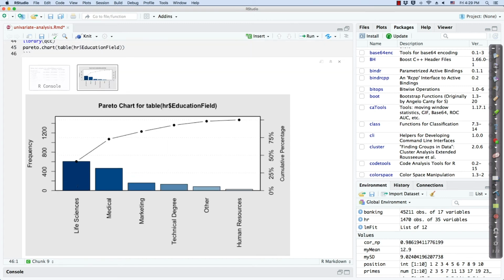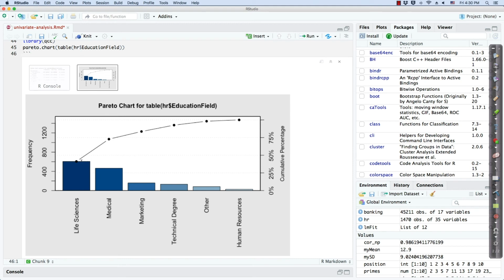So, we can see life sciences is having close to 600 employees, whereas the percentage is around 30 percent, and that is what the numbers that we just saw. Likewise, for medical we have around 500 and the percentage is close to 26 or 27.